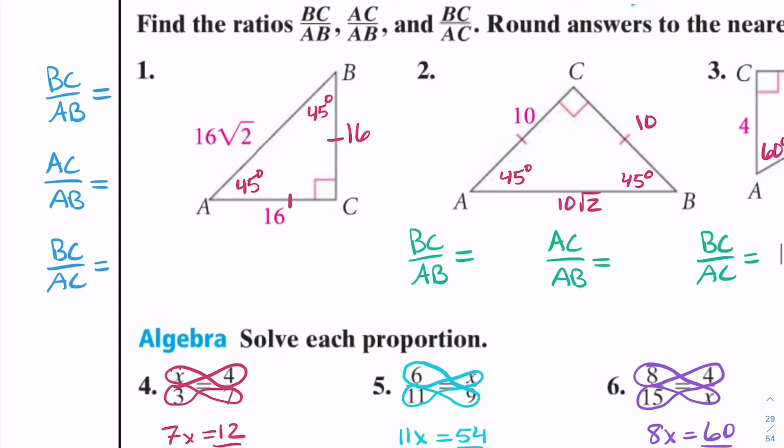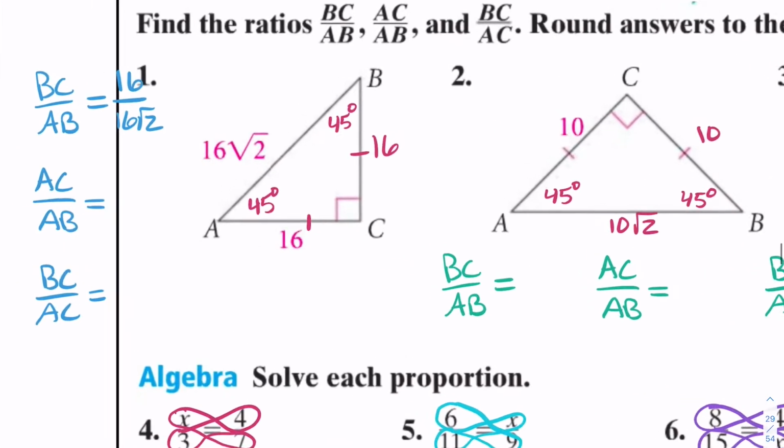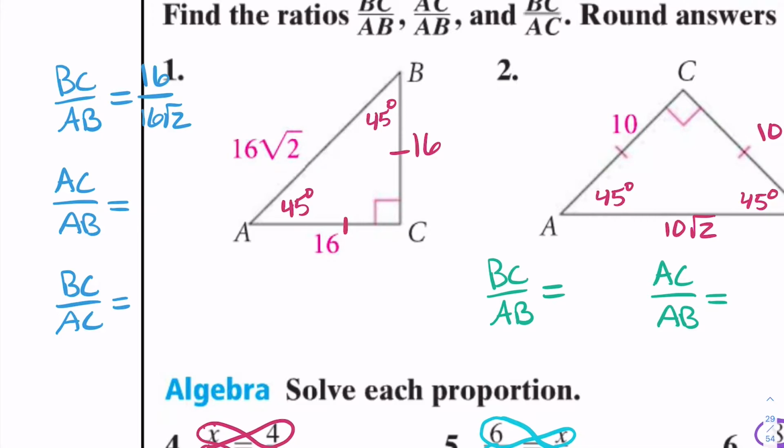So I'm going to say that BC is 16 over 16 square roots of 2. And it wants an approximate value, so I'll do that in a second.